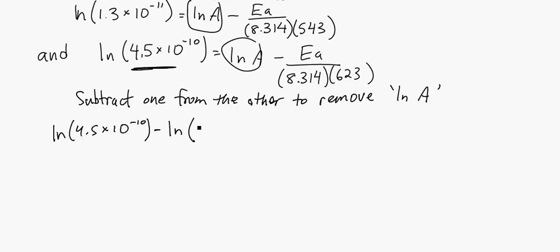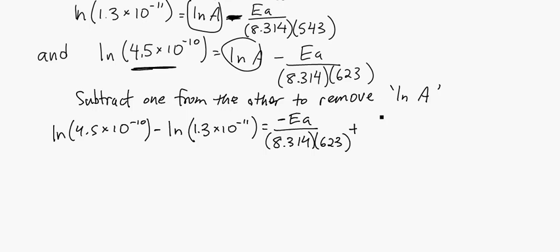That's the natural log 1.3 times 10 to the power of negative 11, and that's equal to, so we were subtracting, so the bottom one, that would be negative EA over 8.314 times the temperature, and then we'd be subtracting our negative EA up here. So we're subtracting a negative, so we'll just say we're adding.